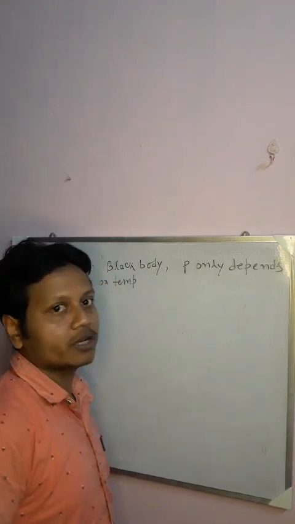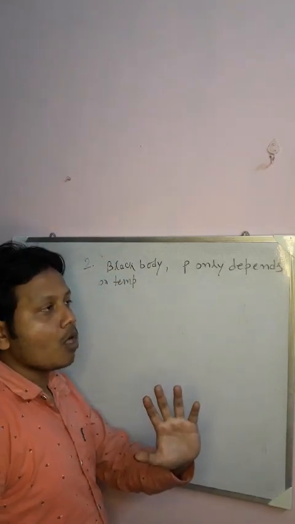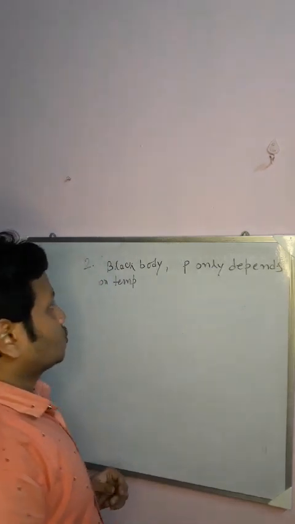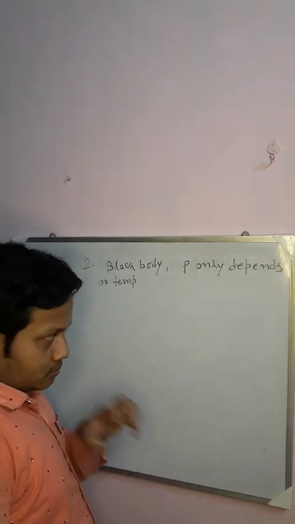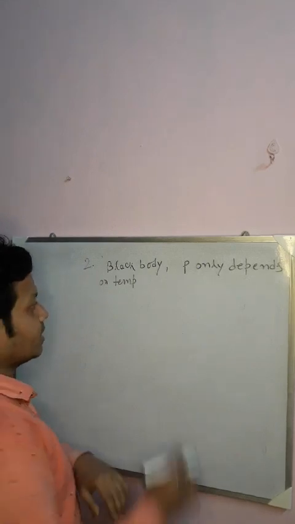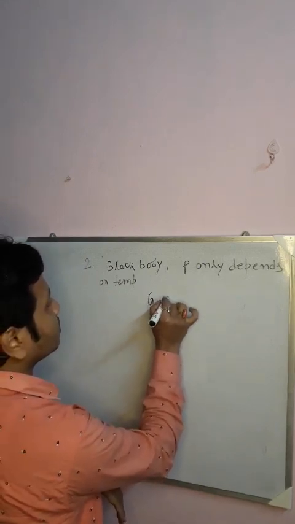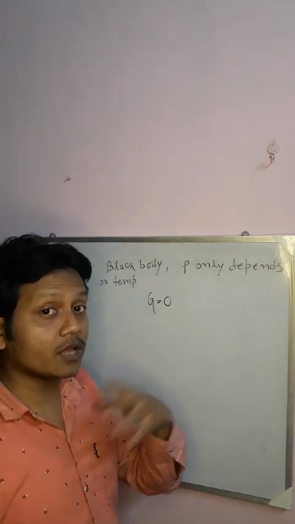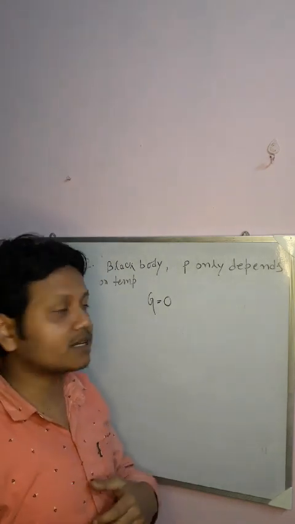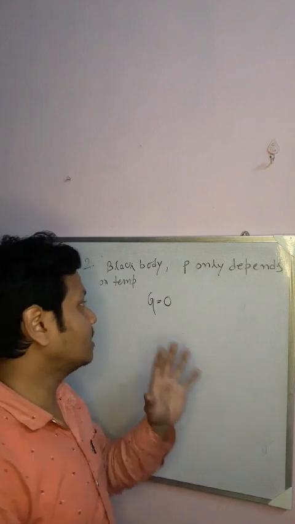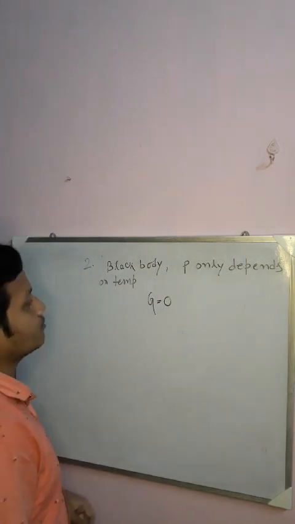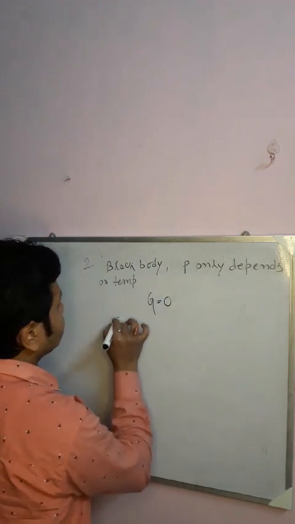Now black body radiation we will learn in the radiation chapter later. So till today just know that for black body radiation the Gibbs potential is 0. I will explain clearly in the radiation chapter why this happens, but simply you know that for black body radiation the Gibbs potential is 0.